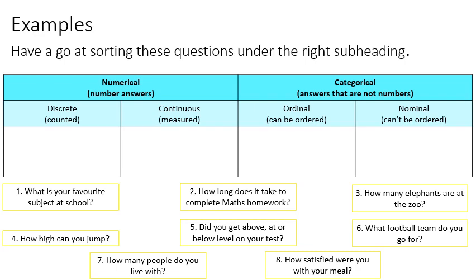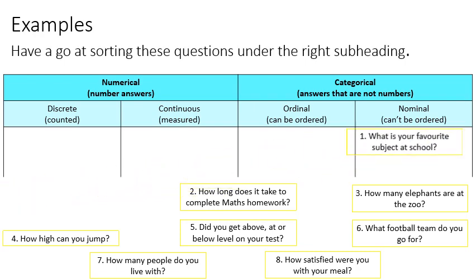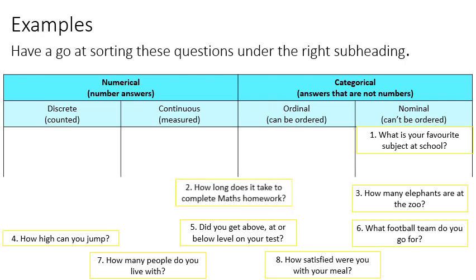So therefore, this type of data is called nominal. Second question, how long does it take to complete maths homework? So the answers we get here are certainly numbers. Would you count how long it takes you to complete maths homework though? Of course not. You have to measure or time how long it takes. So therefore, this type of data is classed as continuous.